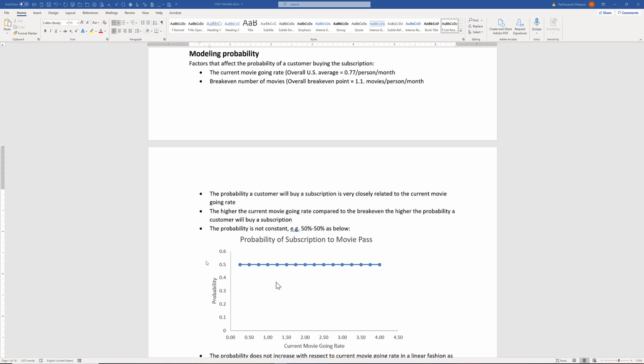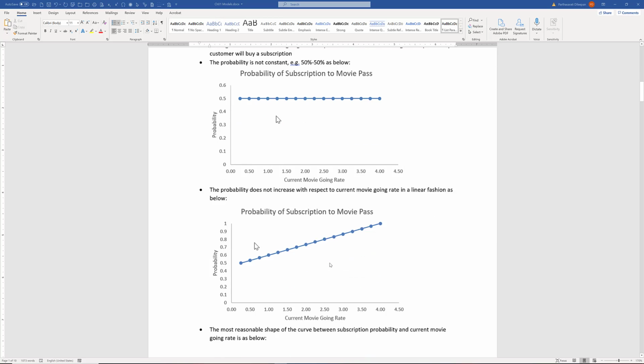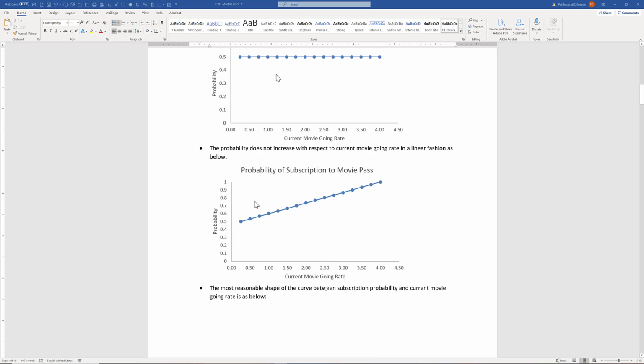So we can straight away reject this approach. The second possibility is that it gradually increases to 1 as the movie going rate increases from near 0 to a large number. This is definitely better than a constant probability, but it still doesn't make sense.